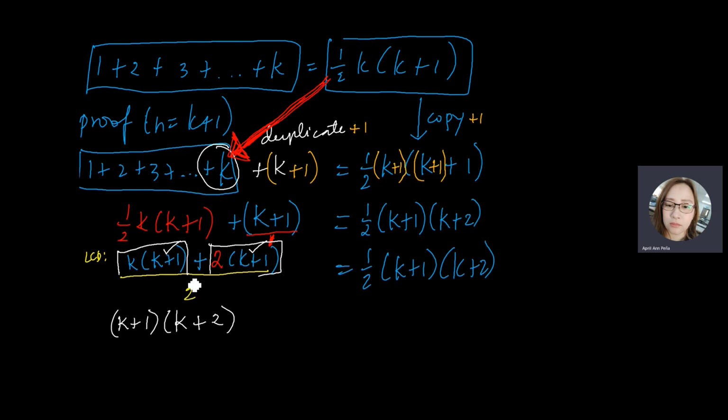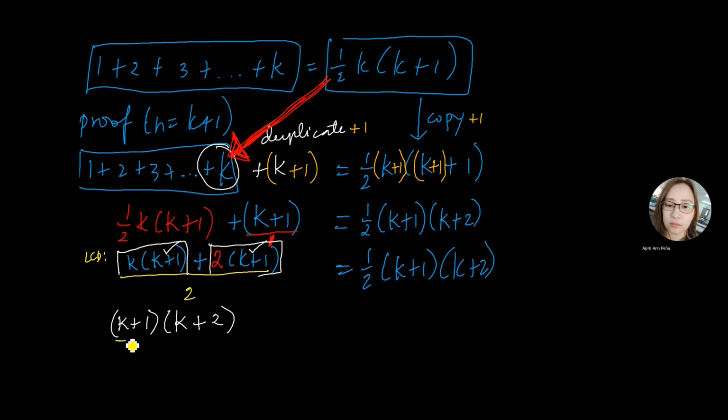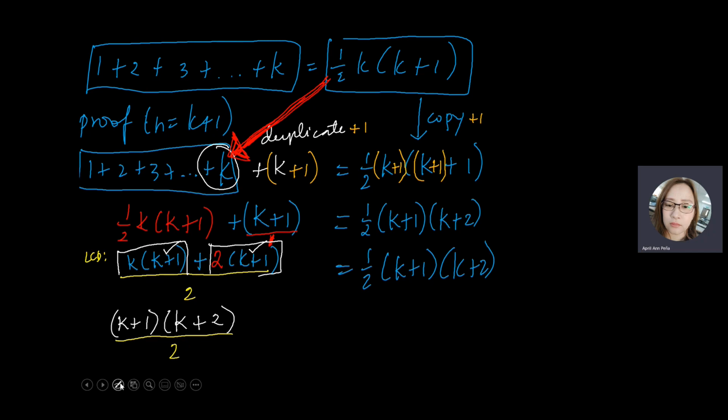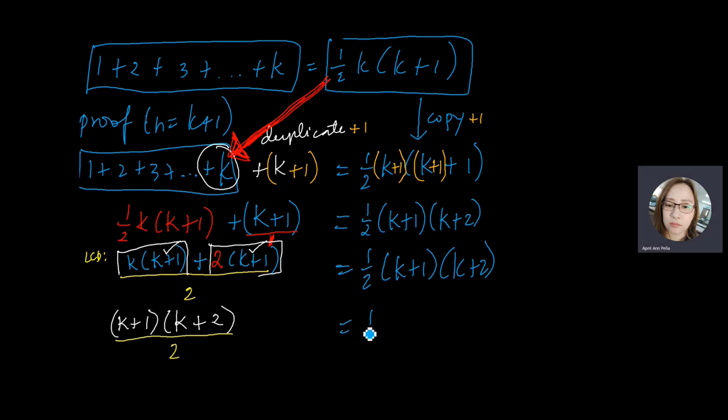Because we have the denominator of 2, you can put it as over 2. Then you copy the right side: 1/2 times k plus 1 times k plus 2.